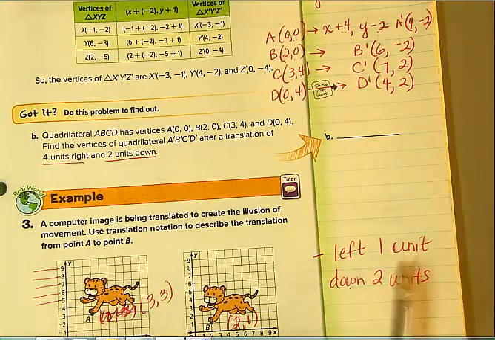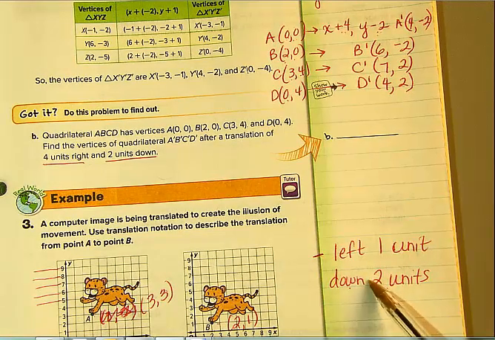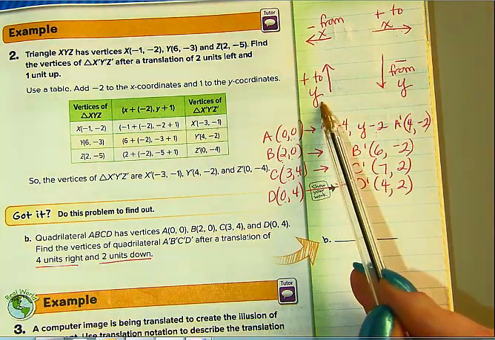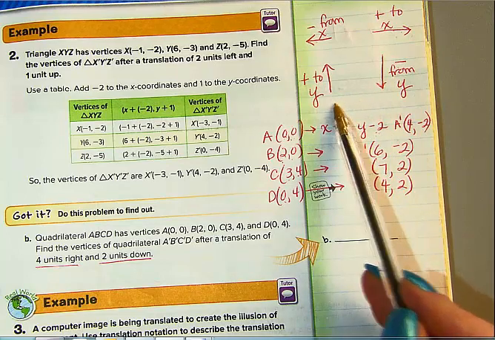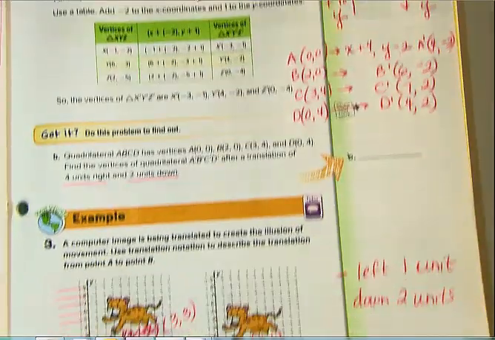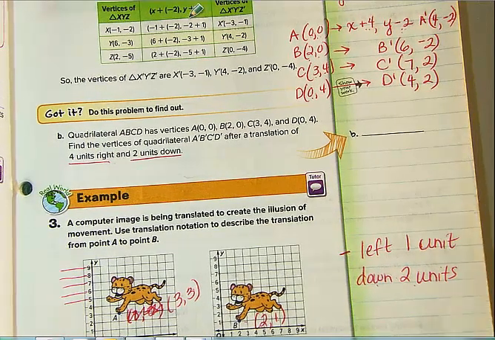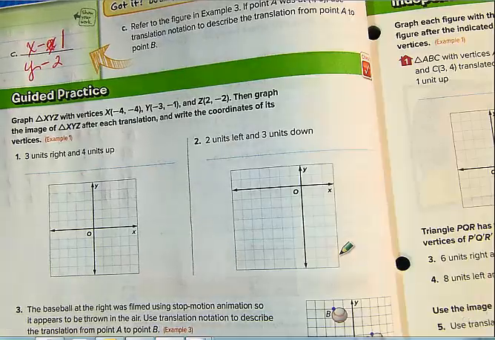Well, I went down 2 units to get my new coordinate. So down 2 units. So when I look at y, do I add or subtract when I go down? Hopefully you can see you subtract when you go down. And how much do I subtract? Well, I subtract however many units I went down, and the answer is 2. So to get my new y's, I'm going to have to do y minus 2.